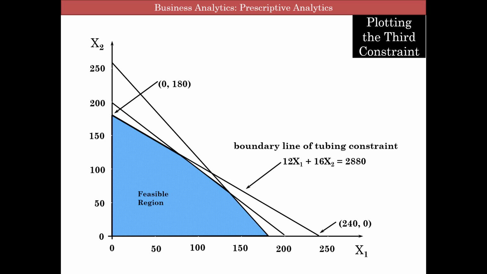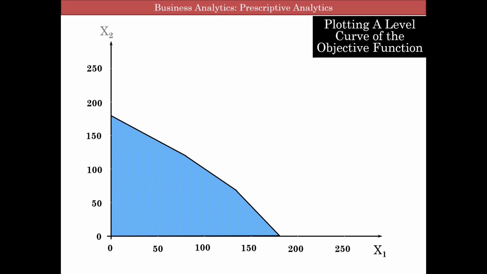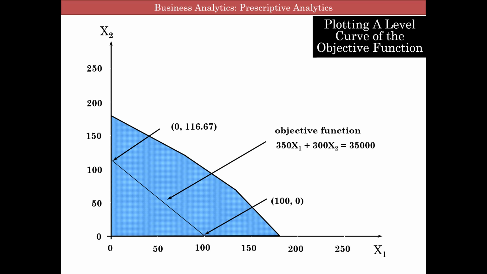So now that we have these values, let's plot a curve of the objective function. So here's the feasible region. And so we're taking this 350 x1 plus 300 x2 and we plot the objective function here. We can start anywhere, say at 0, 0, which means the profit is 0, but you can start moving it upwards because that'll increase your profit.